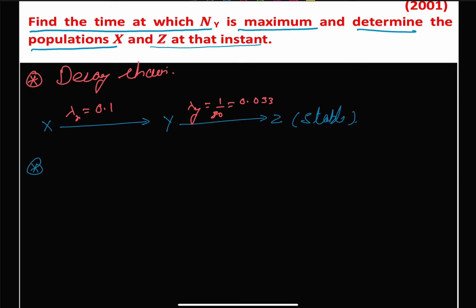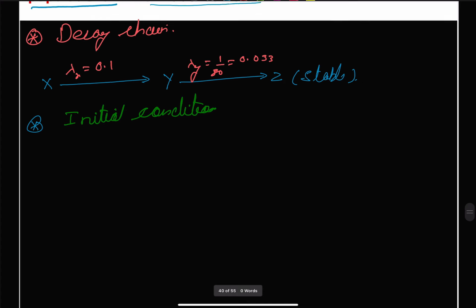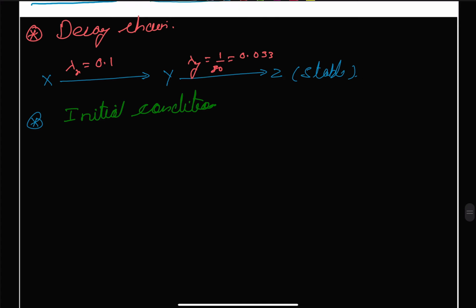So the initial condition: we have only X, so we can write that nx0 is equal to 10 to the power 20, ny0 is equal to 0 and nz0 is also equal to 0.